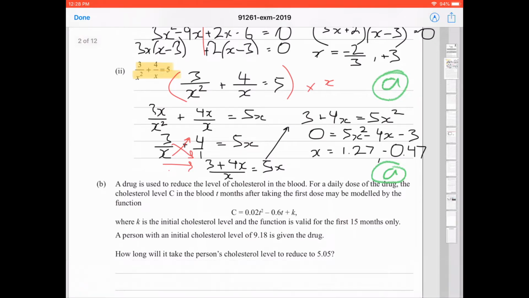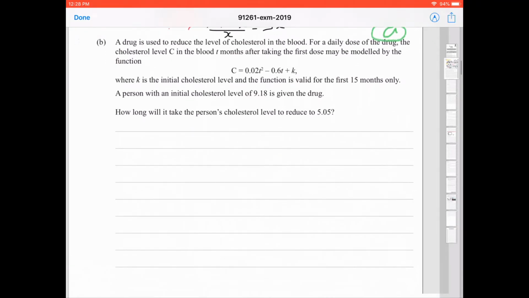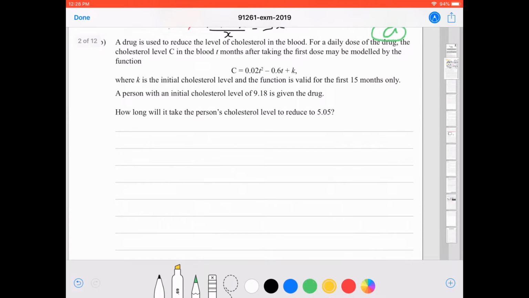Okay, let's move on to question 1b now. So a drug is used to reduce the level of cholesterol in the blood for a daily dose of the drug. The cholesterol level C in the blood T months after taking the first dose is modelled by the function C equals 0.02 t squared minus 0.6 t plus k, where k is the initial cholesterol level and the function is valid for the first 15 months only.